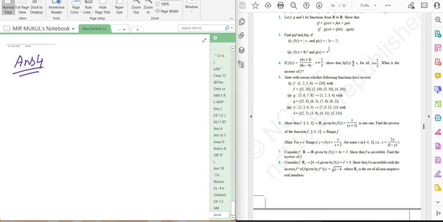If f of f(x) equals x, then directly you can say its inverse will be f itself. So f(x) is given as 4x plus 3 divided by 6x minus 4.